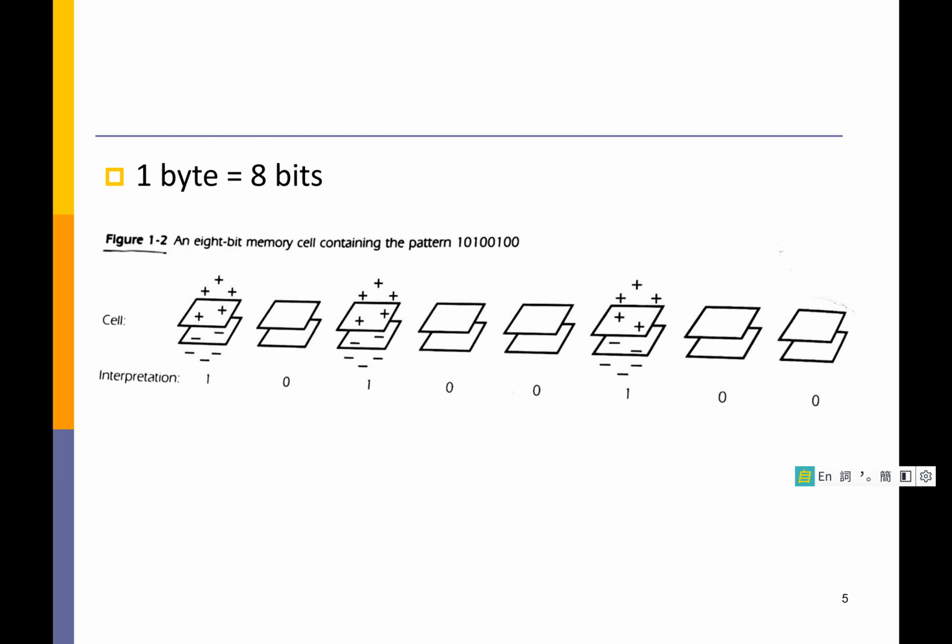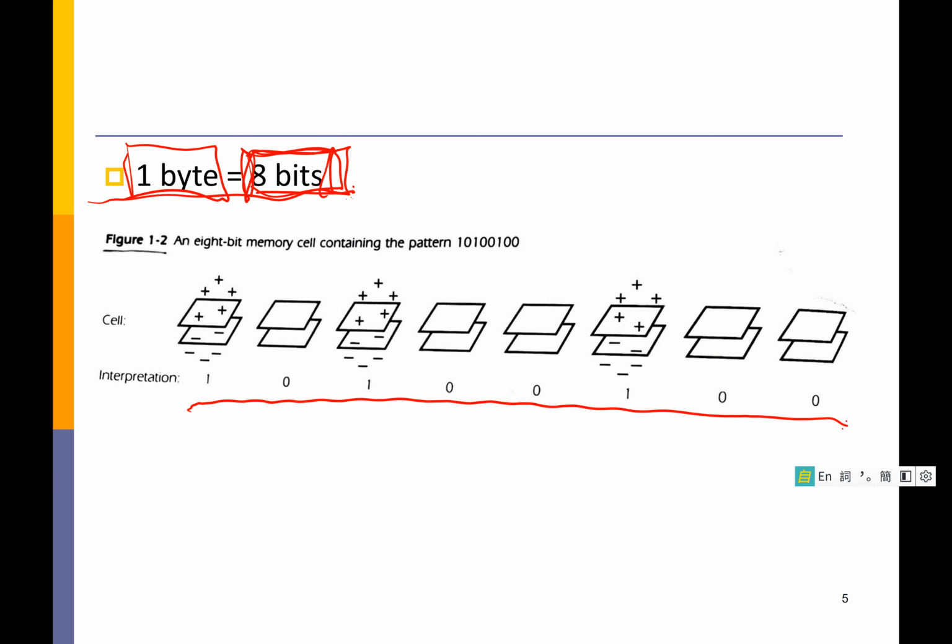Okay, now this is an example of 1 byte. Normally a group of 8 bits we call 1 byte. Okay, and these 8 bits are put in a sequence. Different sequences will represent different kinds of information.